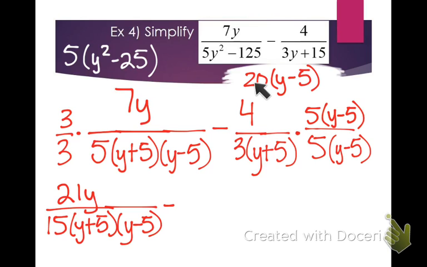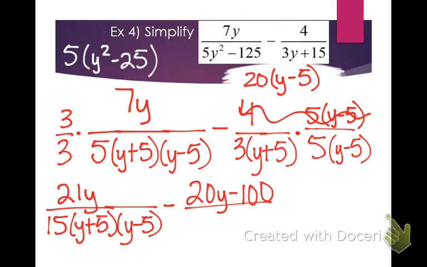That's how we got the 20. 4y minus 25. From that, we get 21y minus, 20y minus 100 over that same denominator, 15 times y plus 5 times y minus 5.